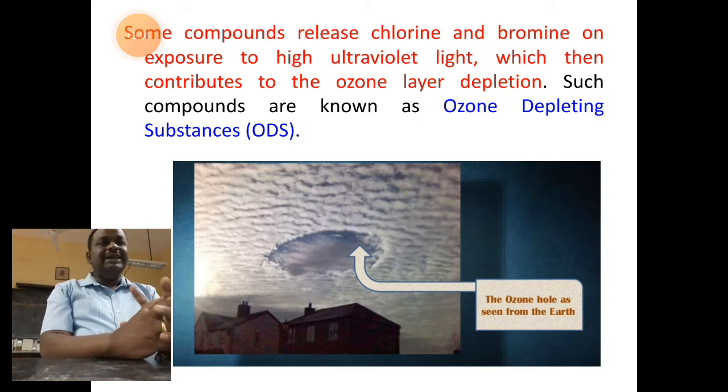Hence, these compounds that react readily with ozone and cause the thinning of the ozone layer are called ozone-depleting substances, or in simple terms ODS.